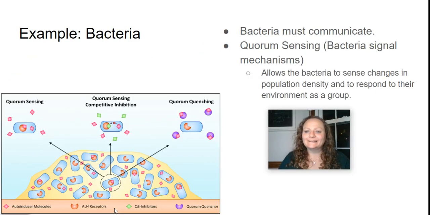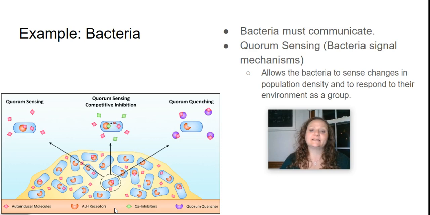Let's talk bacteria. So, we said earlier that bacteria will actually live in a colony so that they can communicate with each other and respond like a group with a single response. This we actually refer to by a special term called quorum sensing. Make sure you know that. And that is our bacteria signal mechanism.